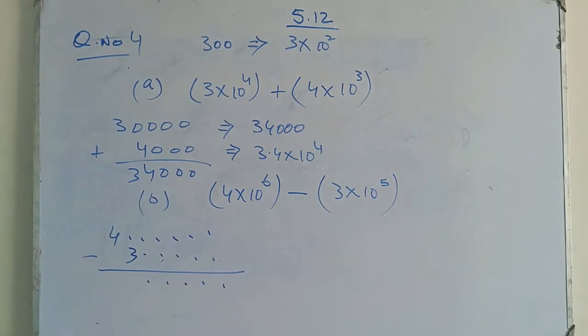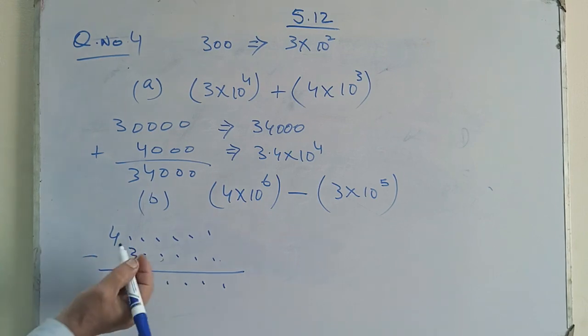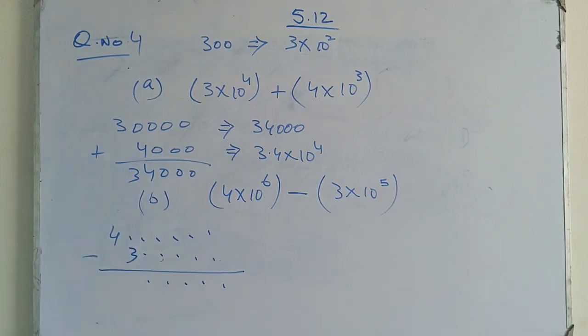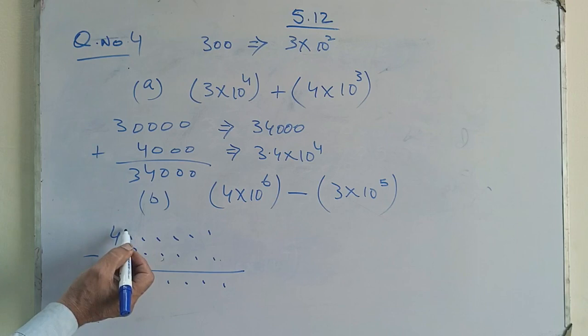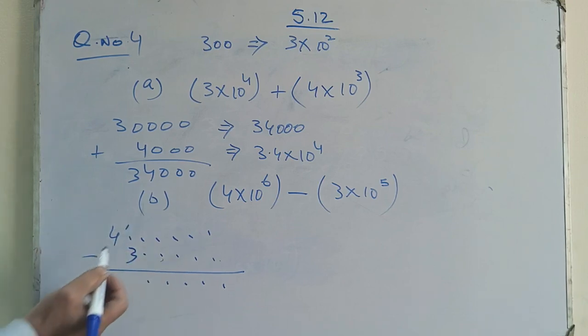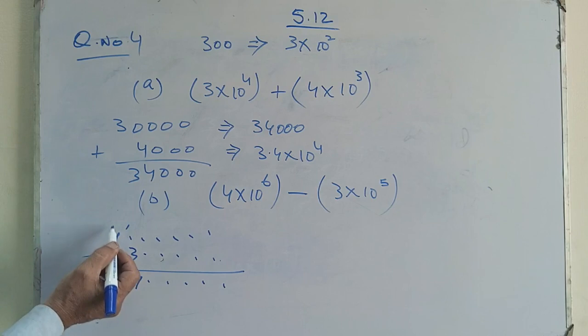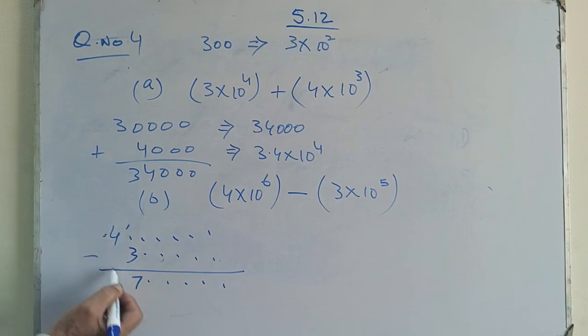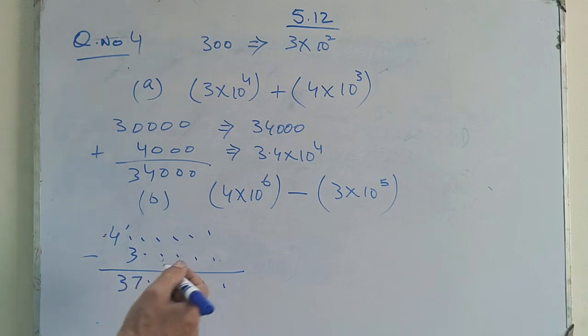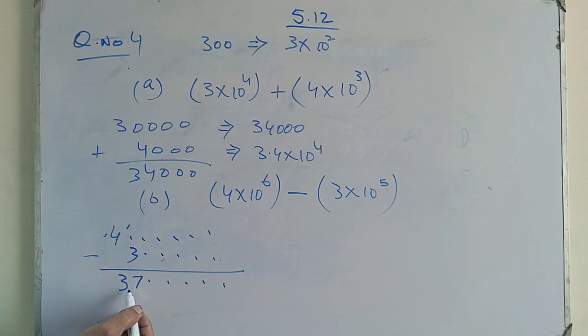Now this is being subtracted. I have to borrow 1 from here, so it will become 10. Now 10 minus 3 is 7, and here 3 was left, so it will become 37. How will we write it?